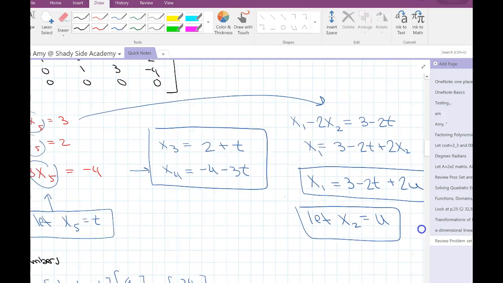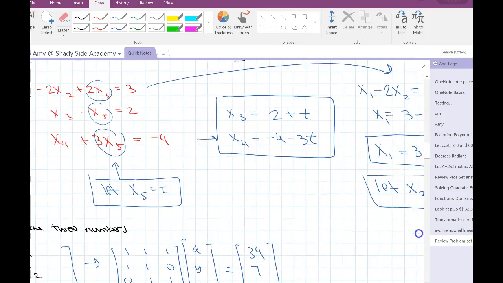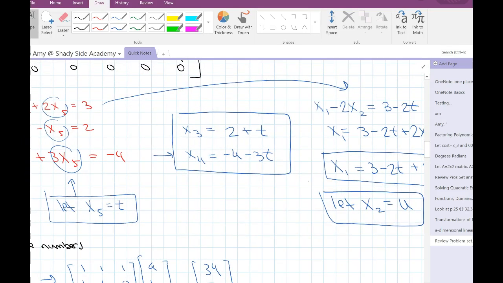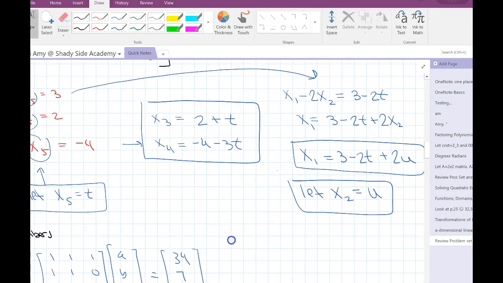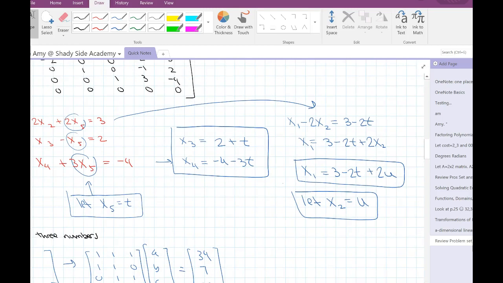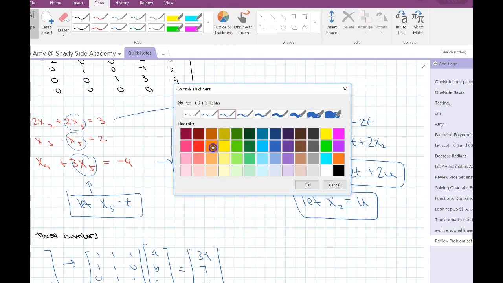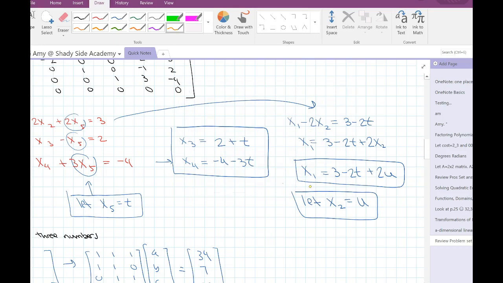What I said here was, if there are infinite solutions, I would like you to provide me 3 possible solutions. I just noticed I haven't done that, but let's do it now. I'll just do one, okay? I can let t and u be any number. So one possible solution would be the following.